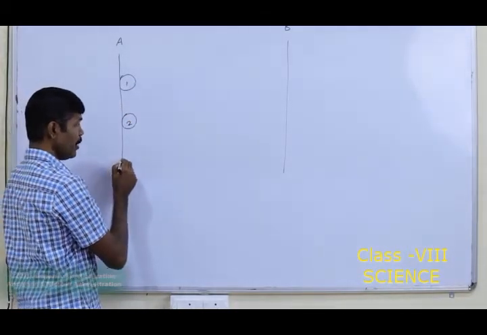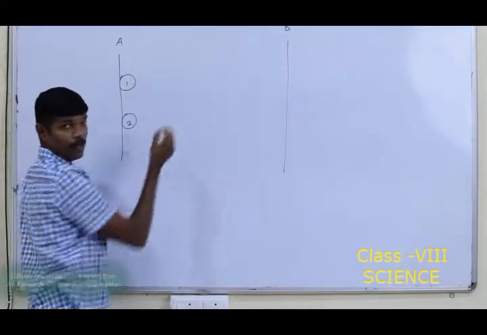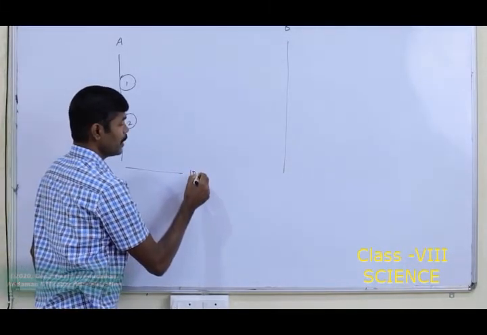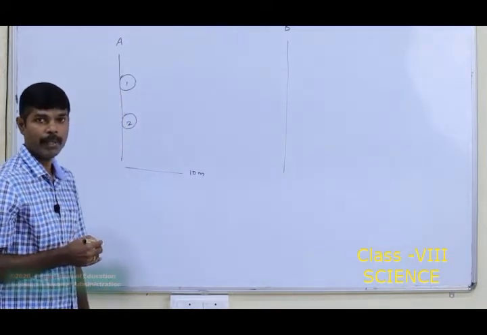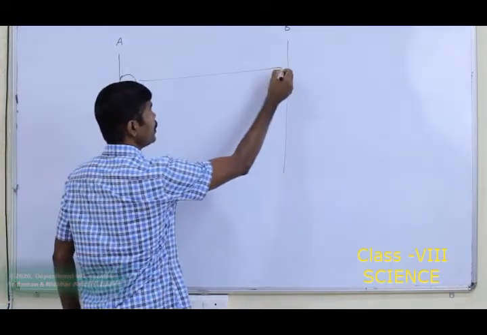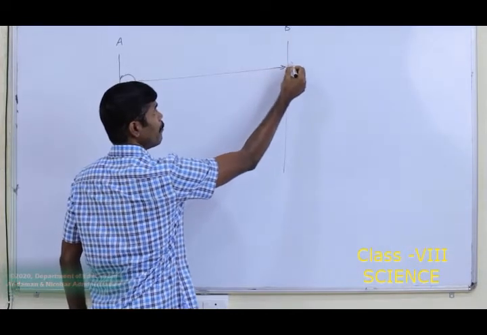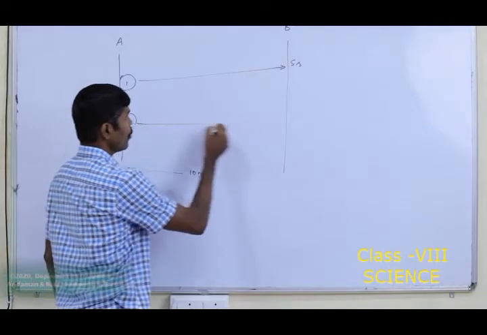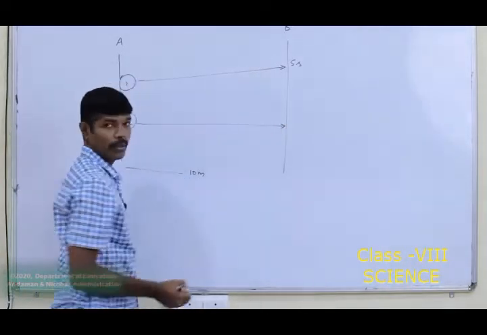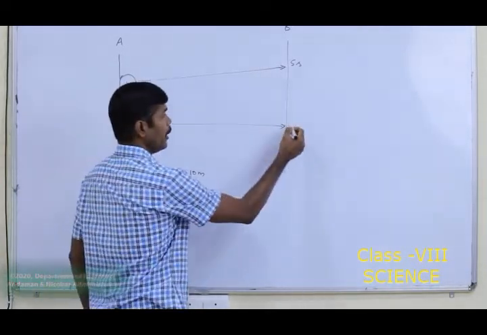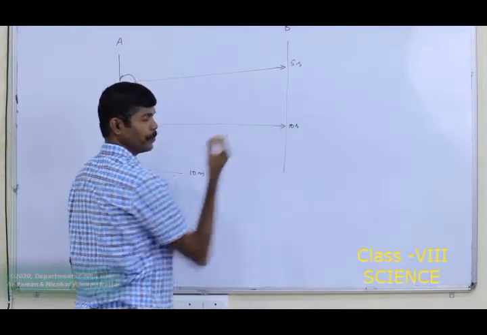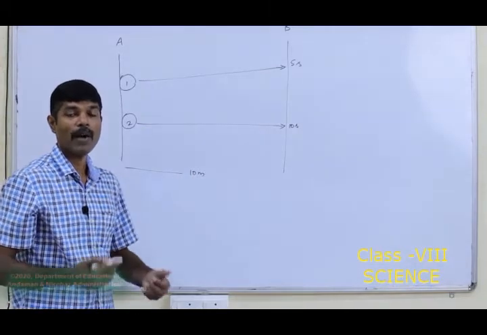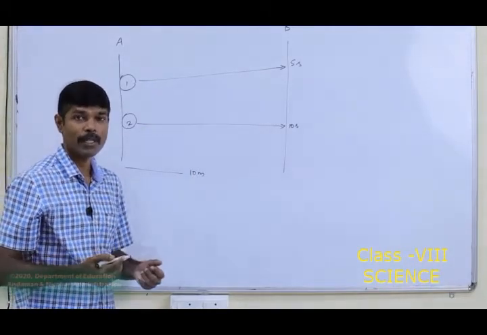The distance between A and B, suppose we take it as 10 meters, and ball 1 reaches the point in 5 seconds, whereas ball 2 reached here in 10 seconds. Now we find out which ball moved faster.